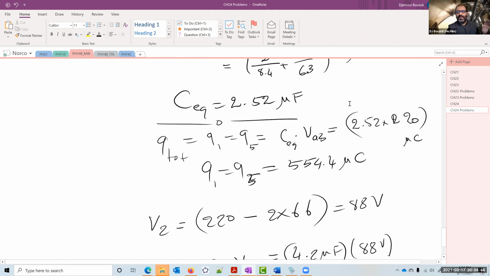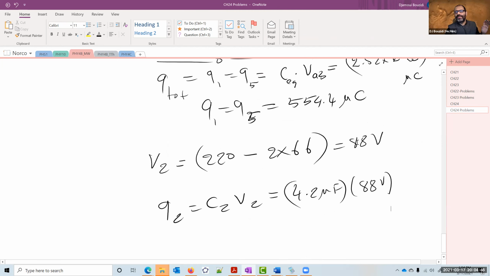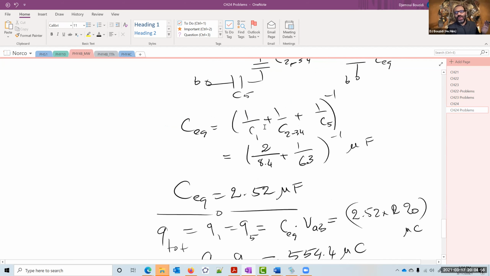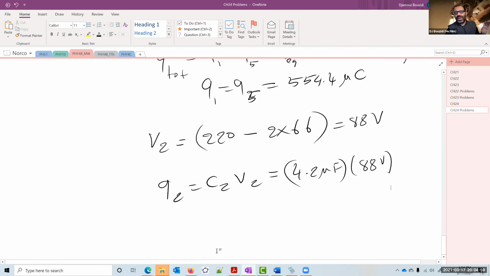The overall charge is 554 microcoulombs, and it split itself in part on C2 and in the other part, the same on both of them, C3 and C4. So this charge must be less than the 554.